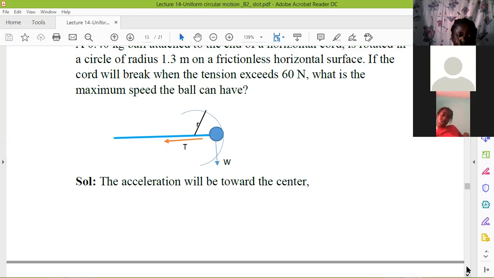Let's look at this one. This is a ball attached to a cord. Remember, the force is always towards the center, and this is your tension force.